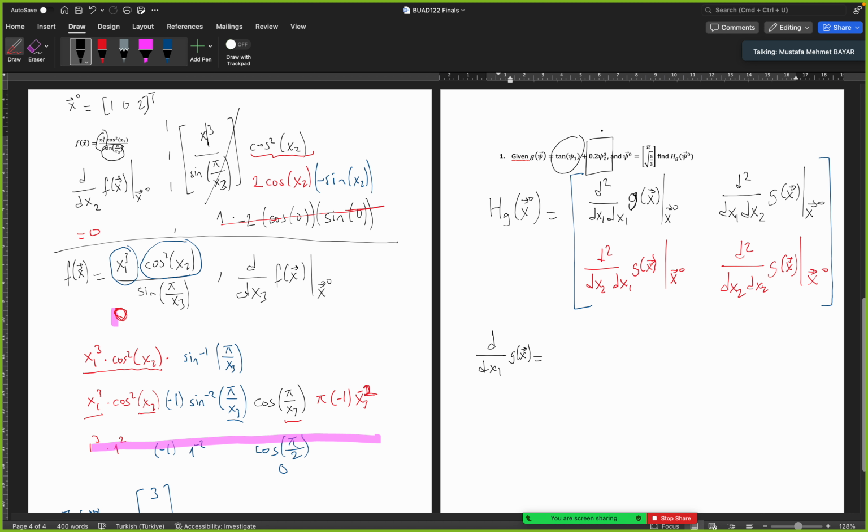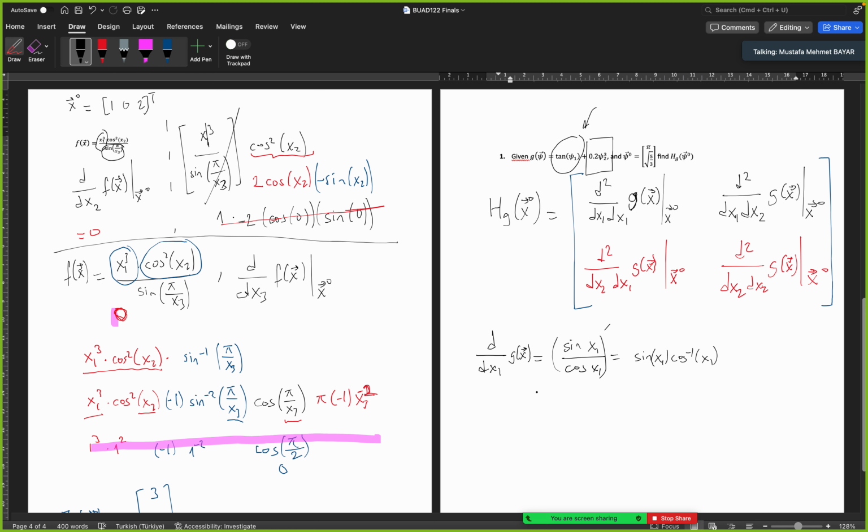Then I will just concentrate on the first chunk here. Here I have sine of x1 over cosine of x1, or I have sine of x1 times cosine to the negative 1 of x1, whichever looks easier to you.